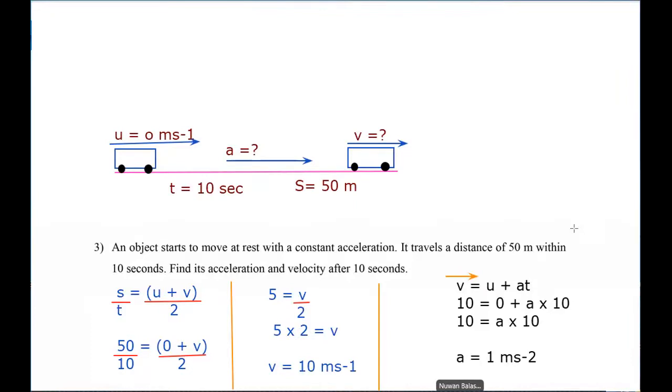If you try to make A the subject of the V equals U plus AT equation and after that substitute the numerical values, it will consume a lot of time. So I do not recommend that method. I recommend the only method that I have used here.